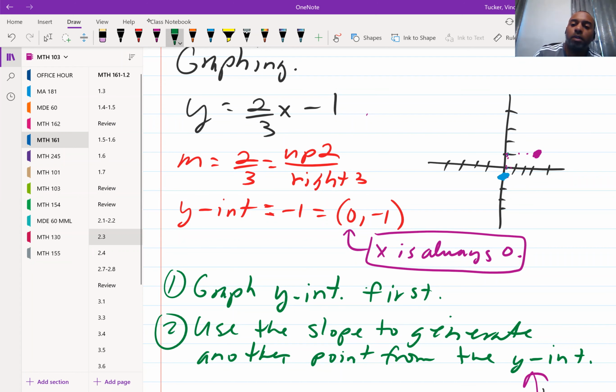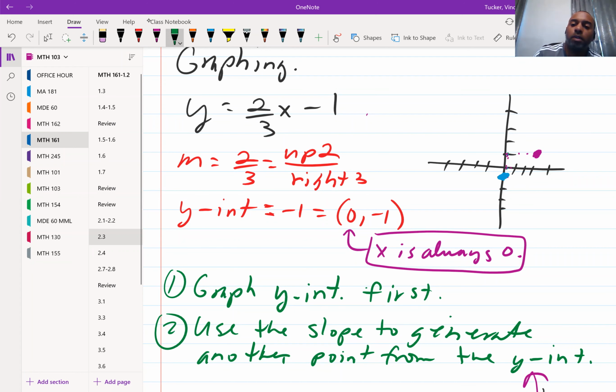Slope is negative 5. Other number, our y-intercept is 4. Negative 5, as a fraction, is negative 5 over 1. So I let my negative stay with 5. So that'll be down 5 and right 1. Negative 5 over positive 1. So that's down 5, right 1.